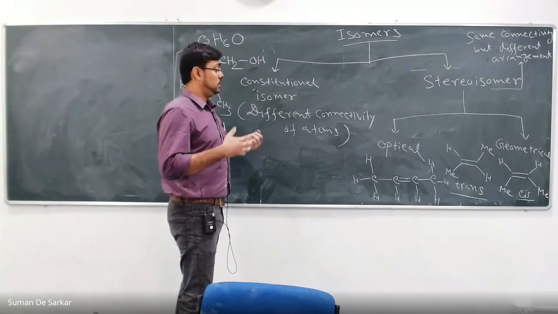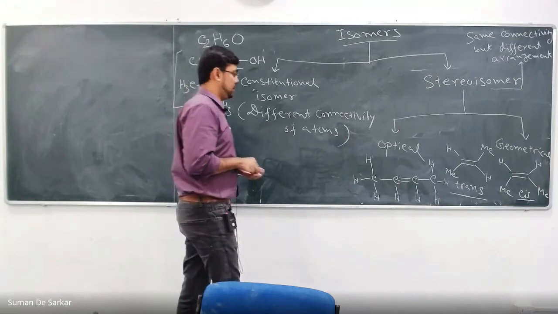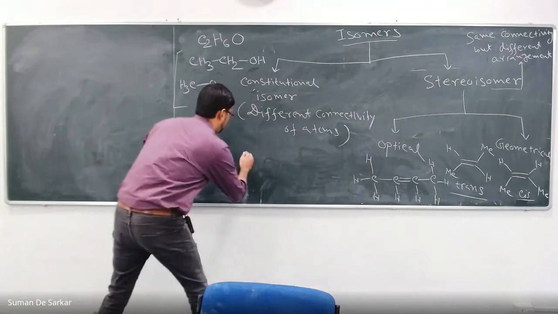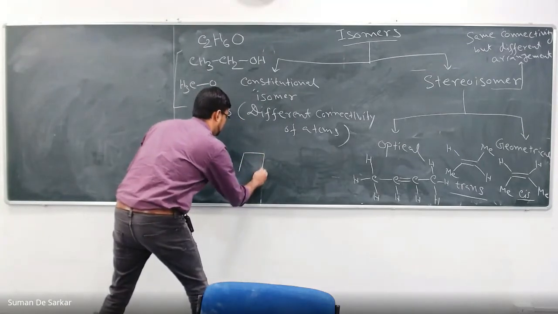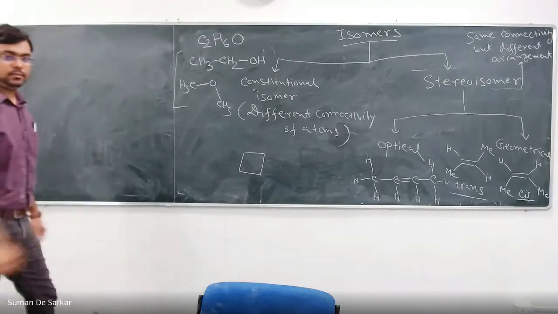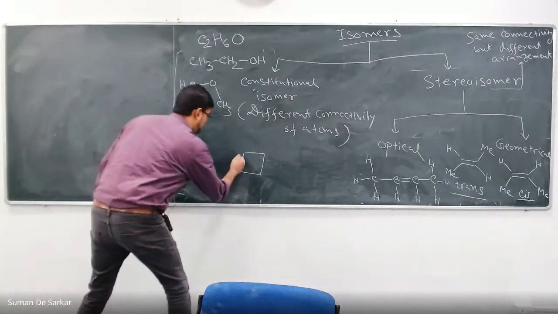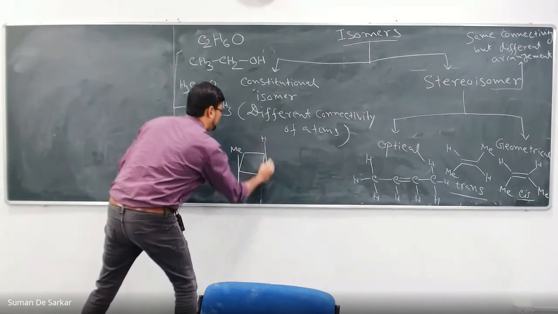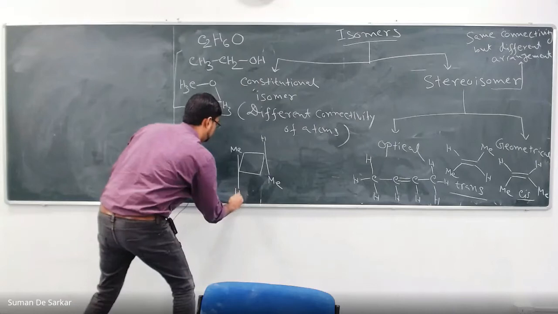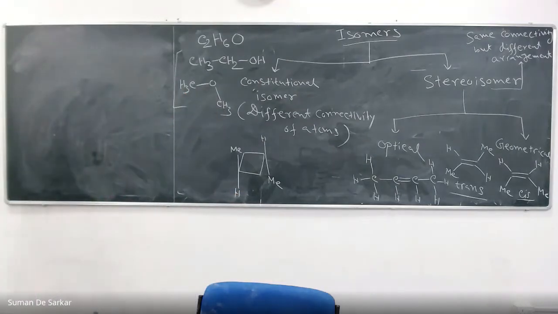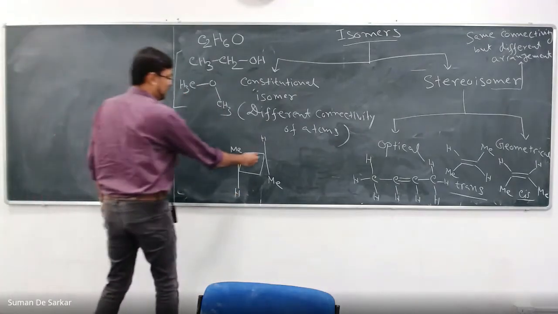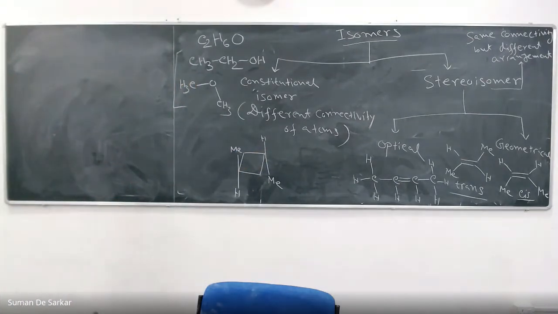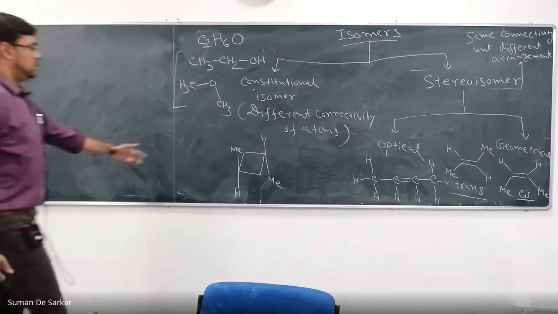It's not true. For example, in cyclic systems, let me draw two molecules. Let me take more space and draw it here. Suppose this is cyclobutane. Here also, you can have cis and trans: methyl, hydrogen, methyl, hydrogen. I don't have a model, unfortunately, but if you have trouble understanding, I can build a model and show you in the next class.